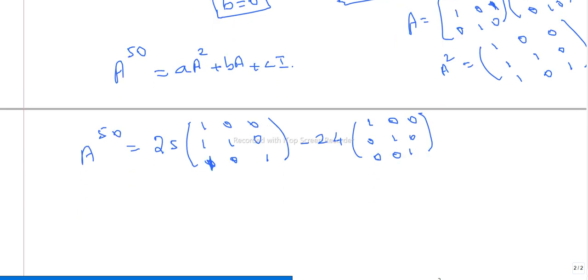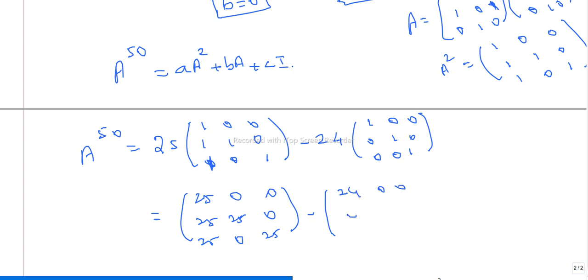Now multiply 25 inside, and then you can do all the things. So we get 25 0 0, 25 25 0, 25 0 25, minus 24 0 0, 0 24 0, 0 0 24.